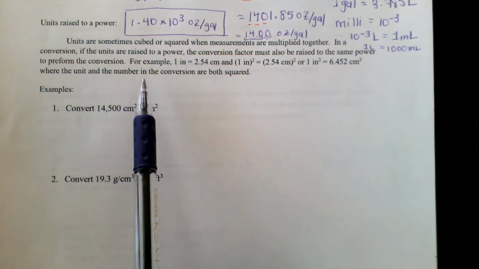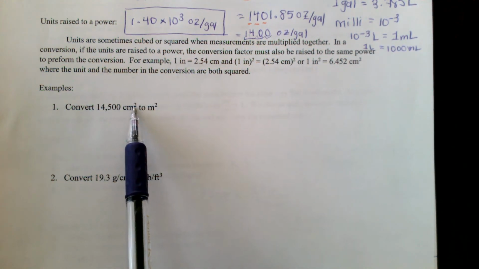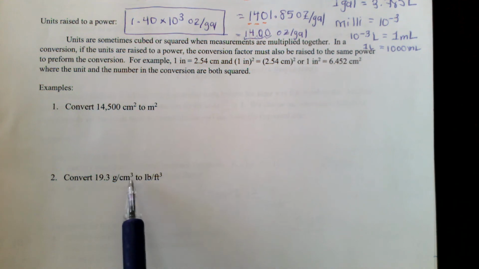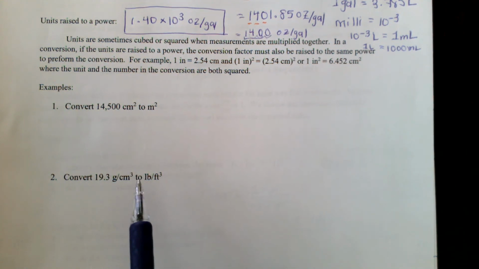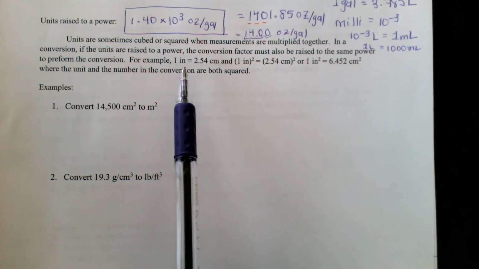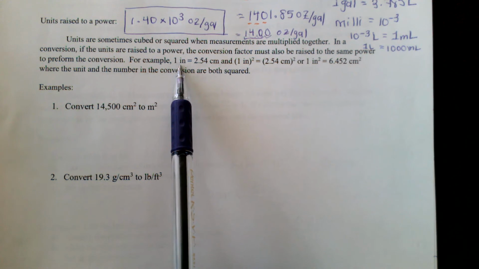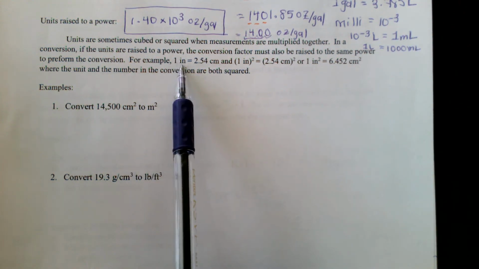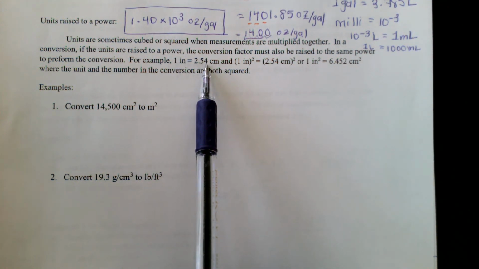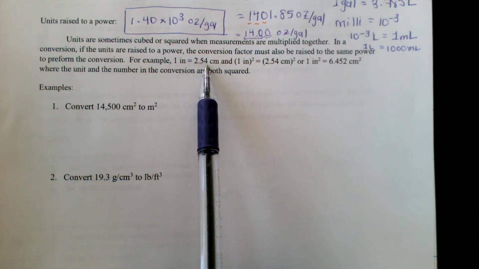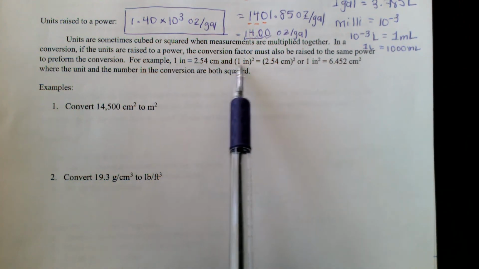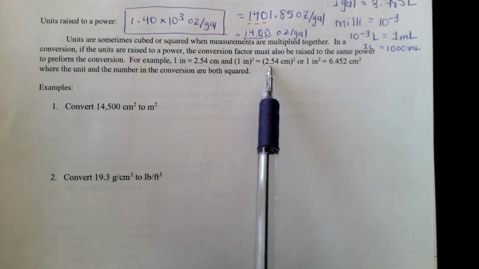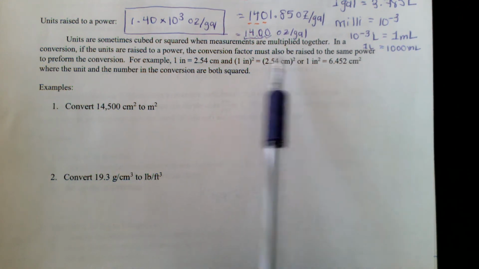So when we do that, whatever dimensions we're in, squared, for example, or in this case here, cubed, whatever it is that we need to do, we do that to the conversion factor. We have to do that to the number and the unit as well.